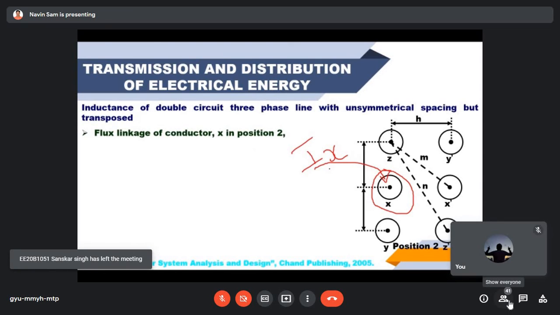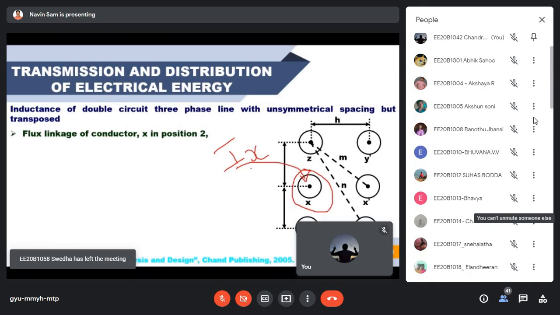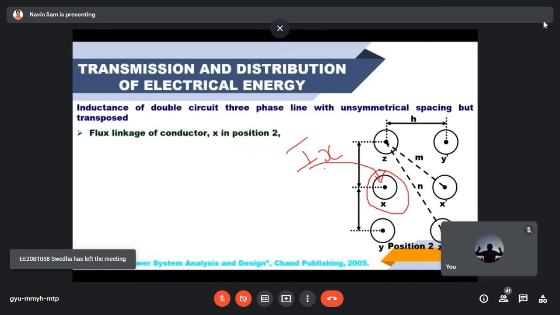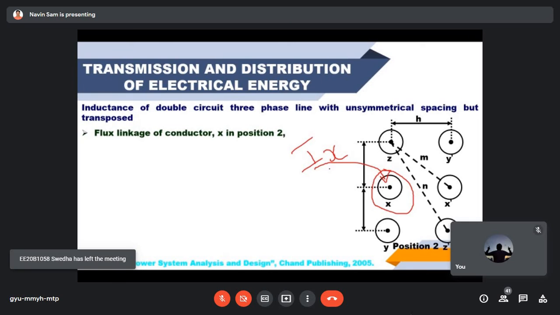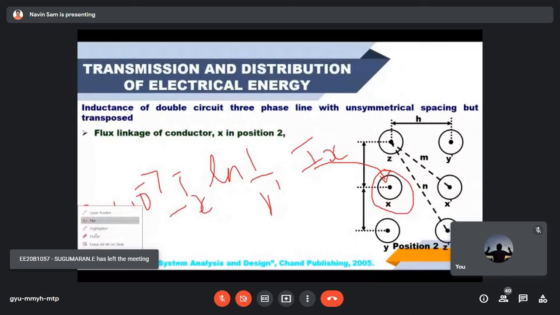Just try once. Yes, sir. 2 into 10 power of minus 7 Ix ln 1 by r dash, because it is the same conductor. Am I correct? Yes, good.